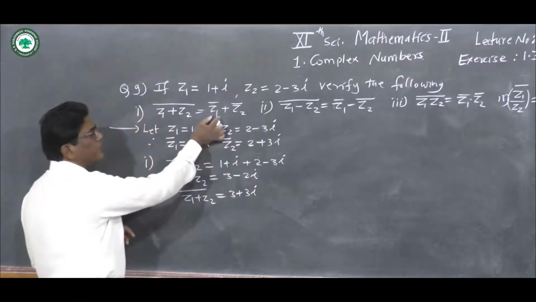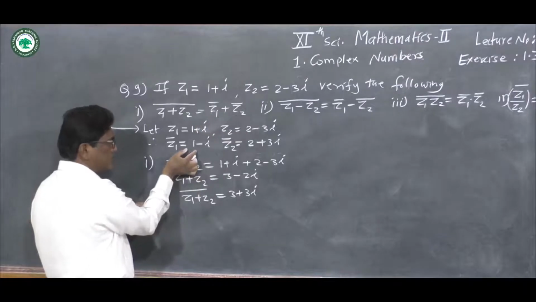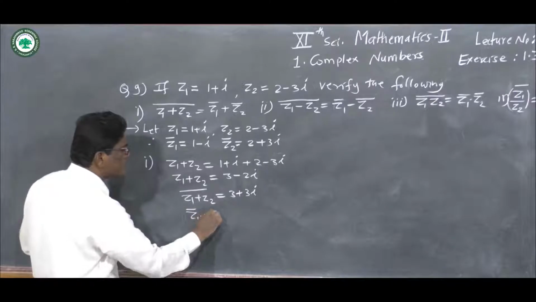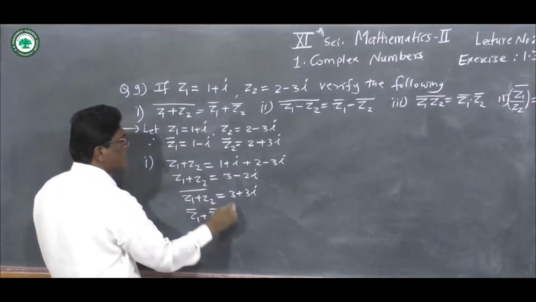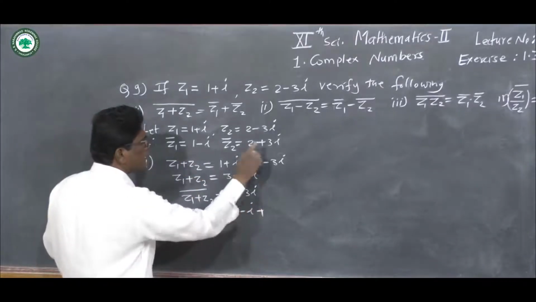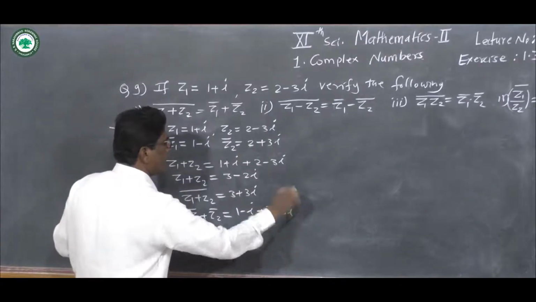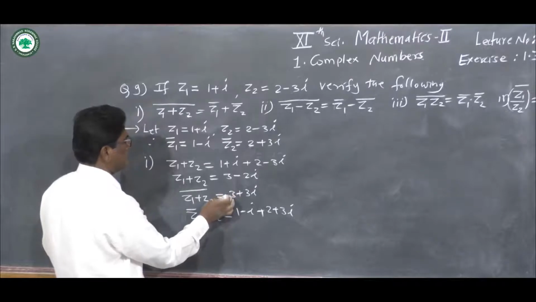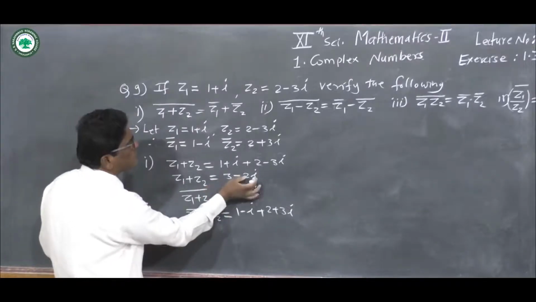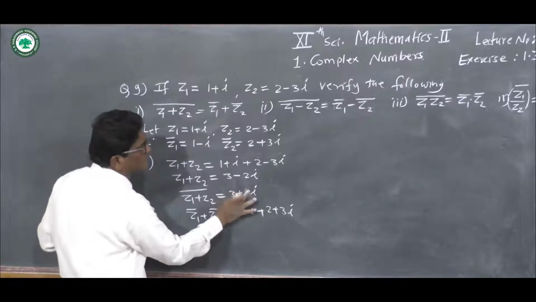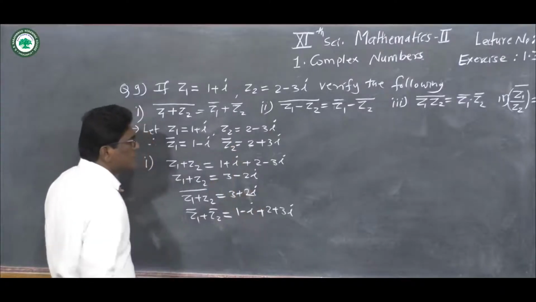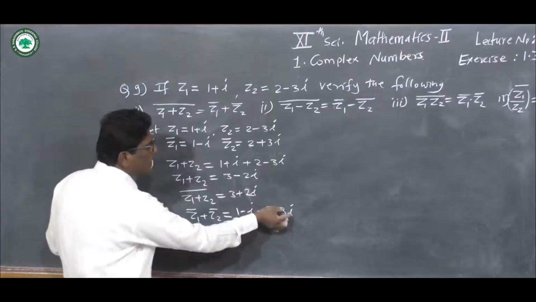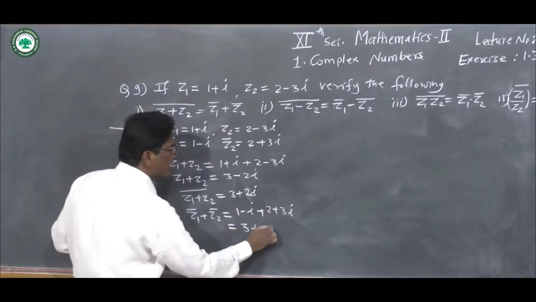Okay. Now find out z1 bar and z2 bar, take their addition. So z1 bar plus z2 bar is equal to 1 minus i plus z2 bar, here 2 plus 3i. So it is equal to 1 plus 2, that is 3, and 3i minus i, that is plus 2i.